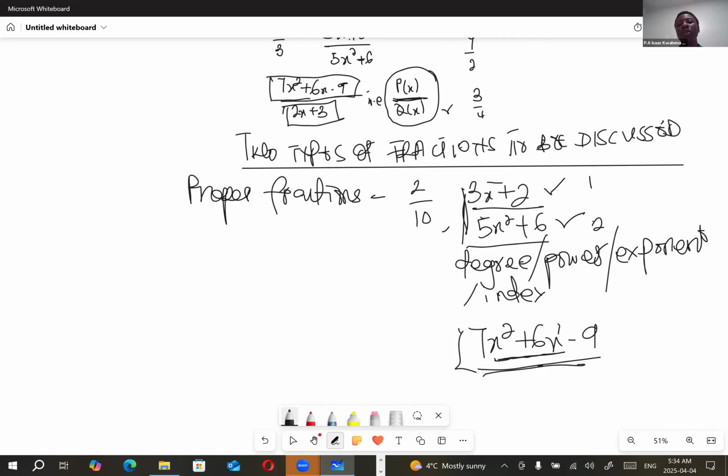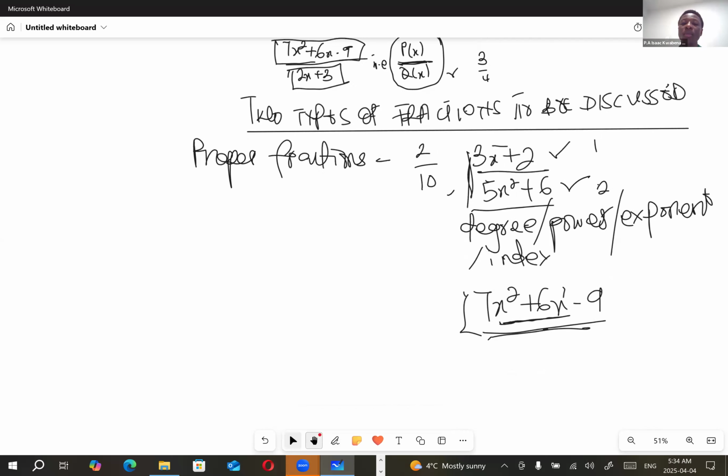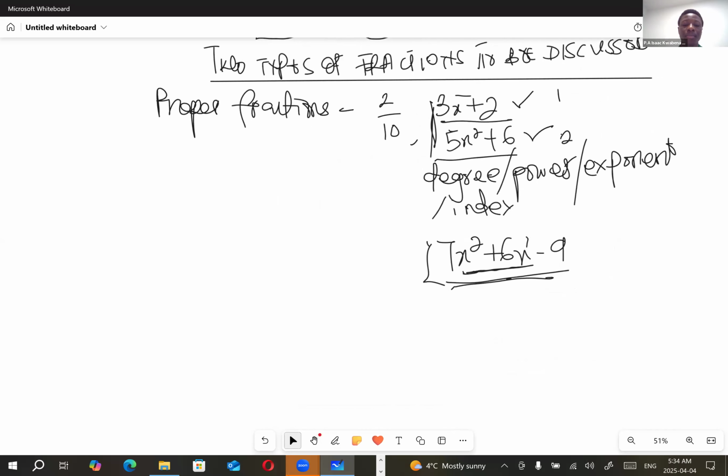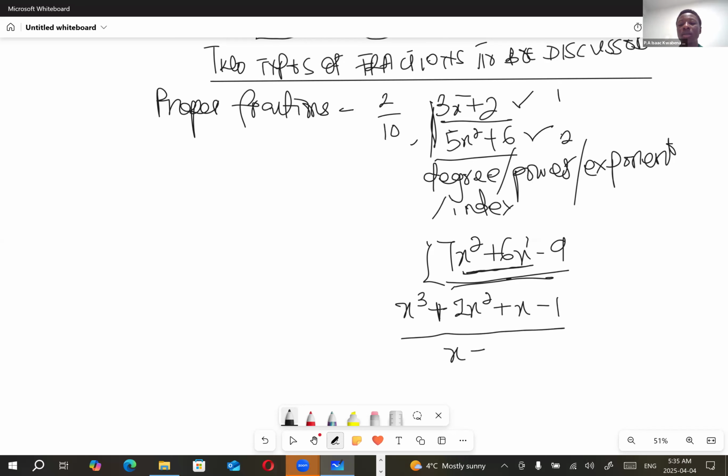Can any of you volunteer to help me out with another example of a proper fraction? I'm going to do one, the rest will be for you. For example, we can have x cubed plus 2x squared plus x minus 1, all over x minus 1.